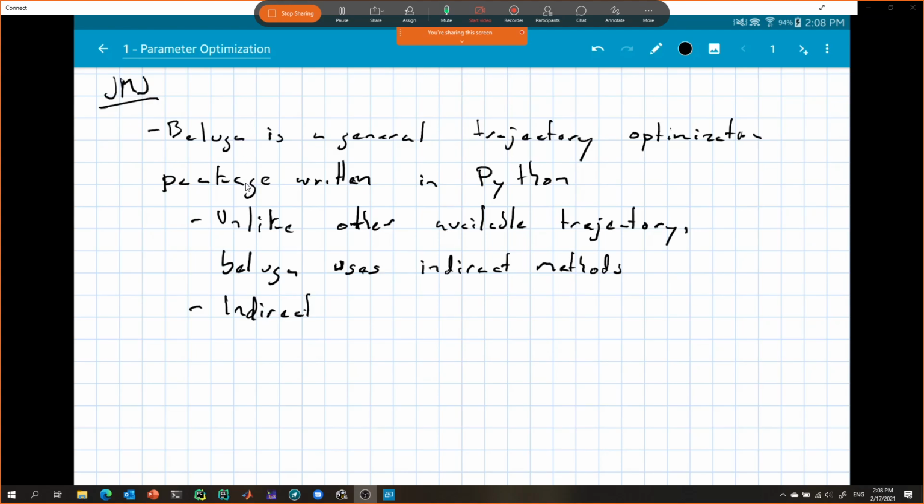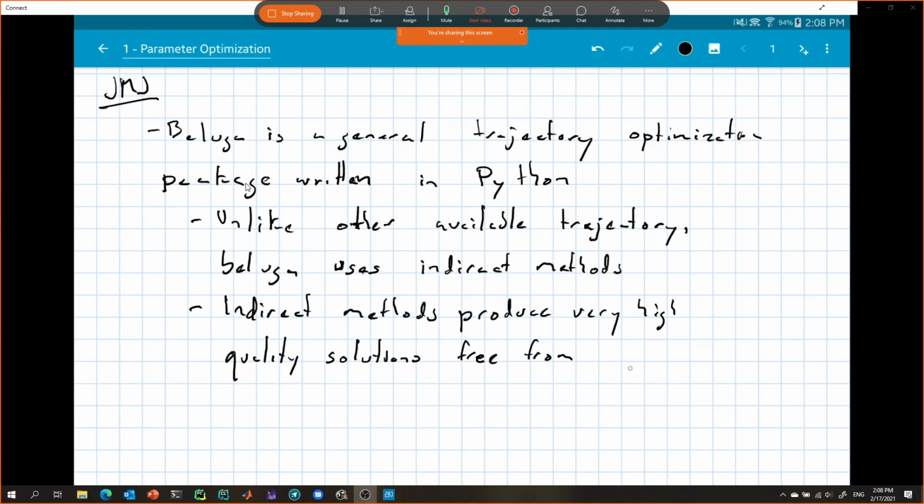Using indirect methods allows us to create high quality trajectories. I'll get into more detail on the difference between indirect and direct methods later on. But it suffices to say now that when using direct methods, you can often get these numerical artifacts that are not part of the optimal solution.